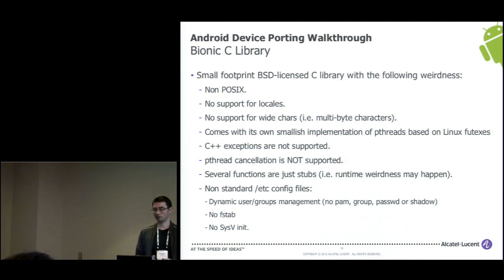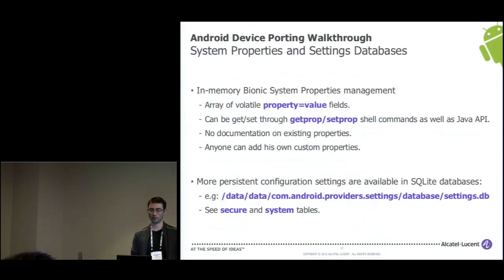This is really different from the glibc, and we will see that it has some impact that has to be taken into account. So for example, still within this library, one thing that has been implemented in Android is that the system has support for different kinds of properties and settings. This is, I would say, somewhat like the registry database in Windows.